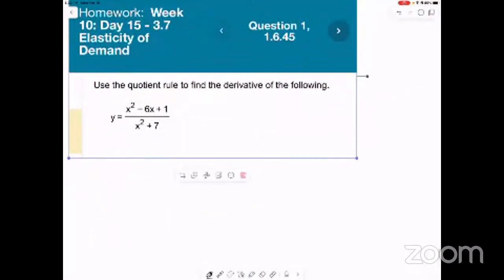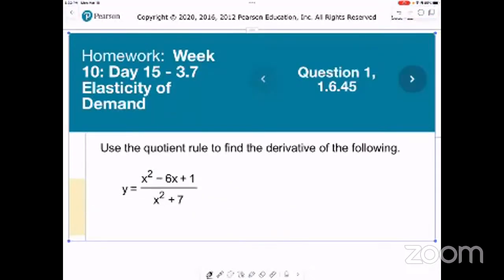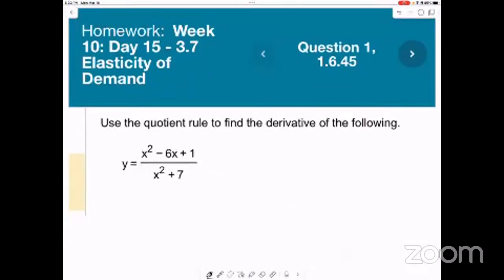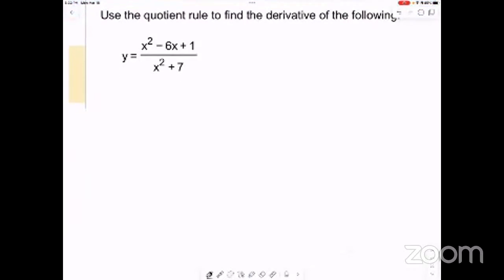Okay. So quotient rule, right? This should be a review. So we'll say dy by dx. Quotient rule is low d high minus high d low over low low.